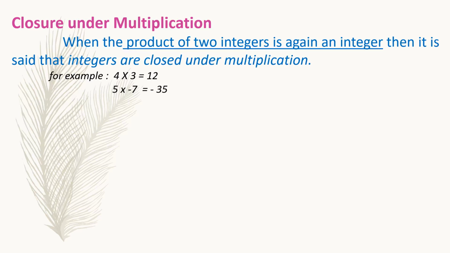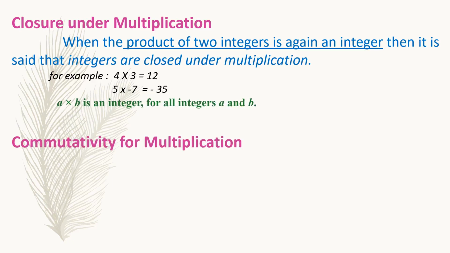We have already learned this concept. When the addition or subtraction of two integers is again an integer, it means that integers are closed under addition or subtraction. In the same way here, as the product of two integers is again an integer, we say that integers are closed under multiplication.